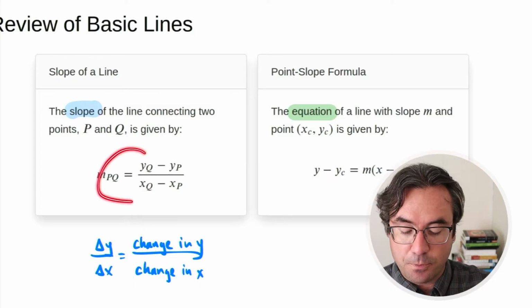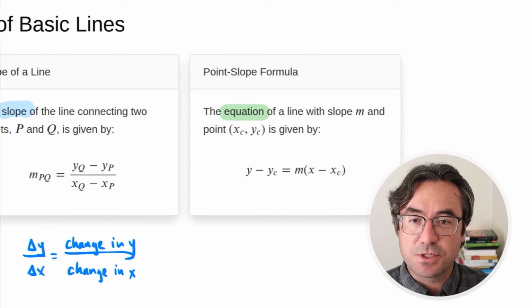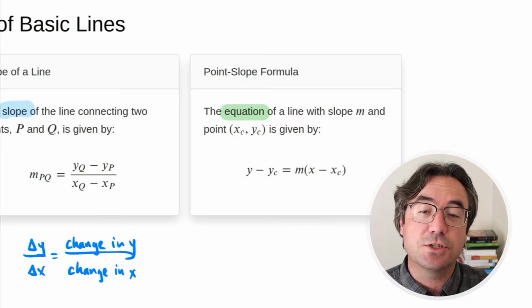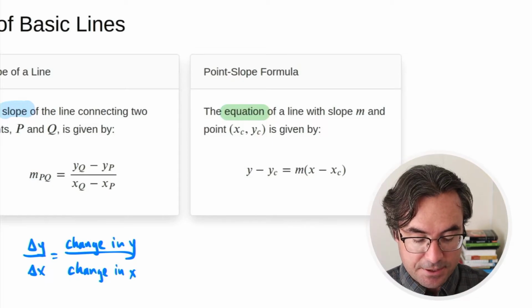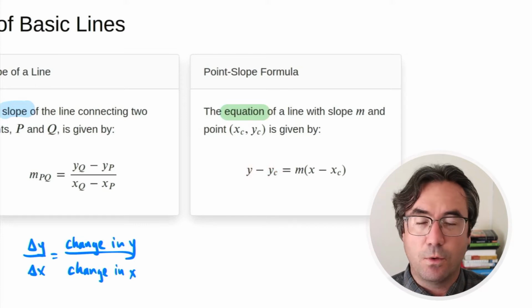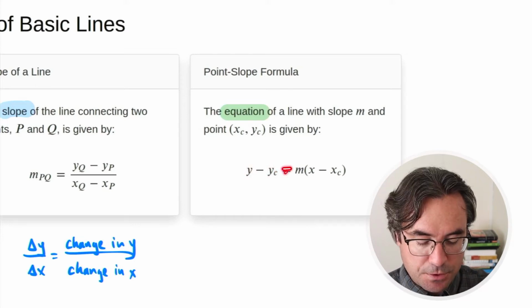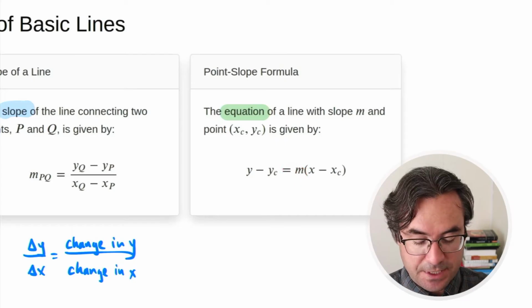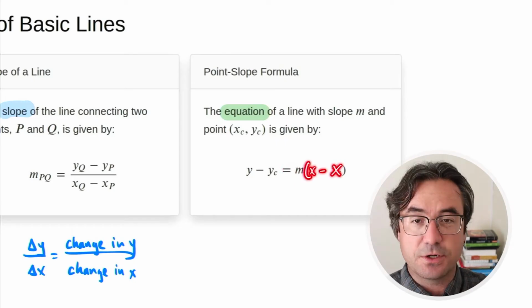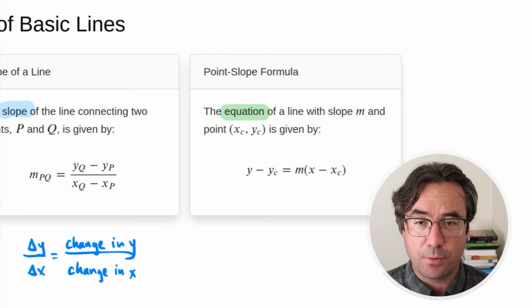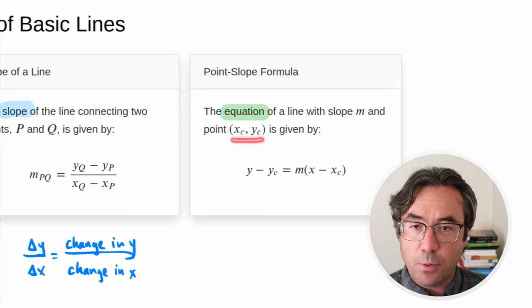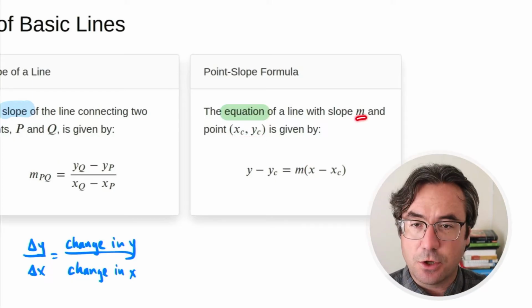This gives us the slope of a line, and then we can use the point slope formula to get the equation of a line. And what we have here is y minus the y coordinate of one of the points equal to the slope of our line times x minus the x coordinate of our point. So we have one specific point, and then we have our slope.